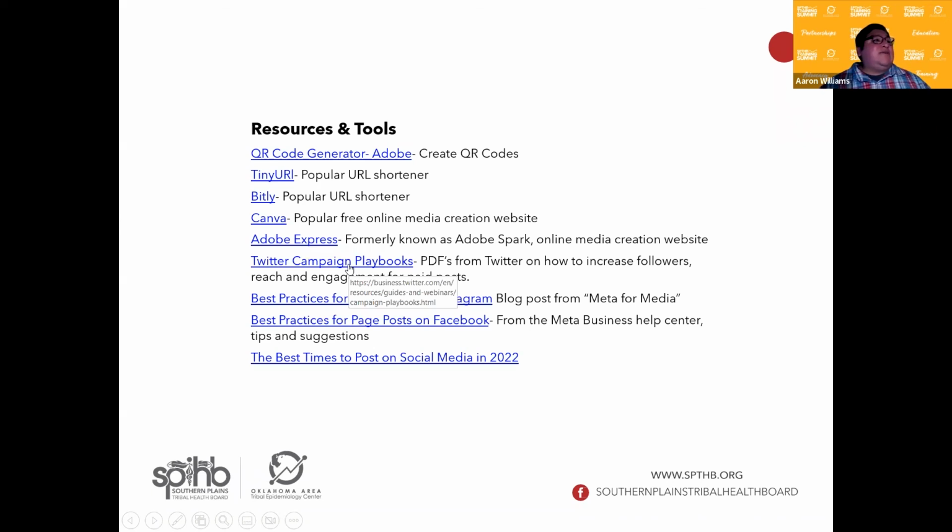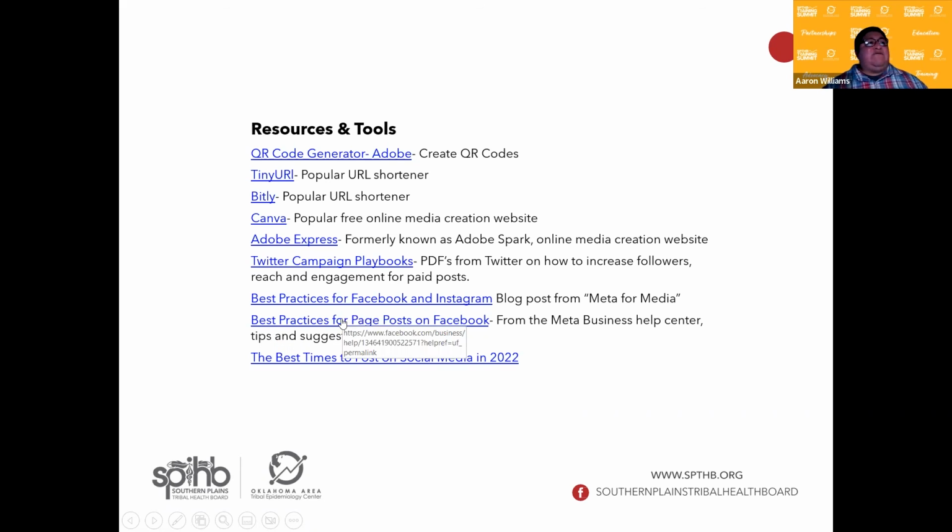And then just a couple of links for some PDFs that the social media platforms actually put out themselves through the research that they've done to help increase your engagement. You've got the Twitter campaign playbook, how to increase your followers. It's basically what we talked about today.